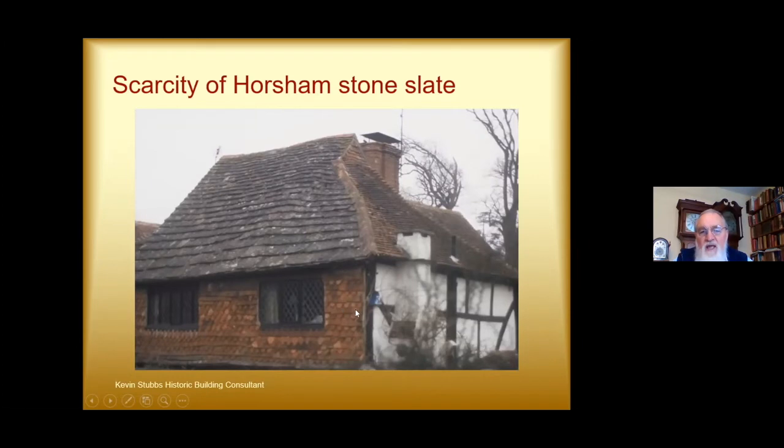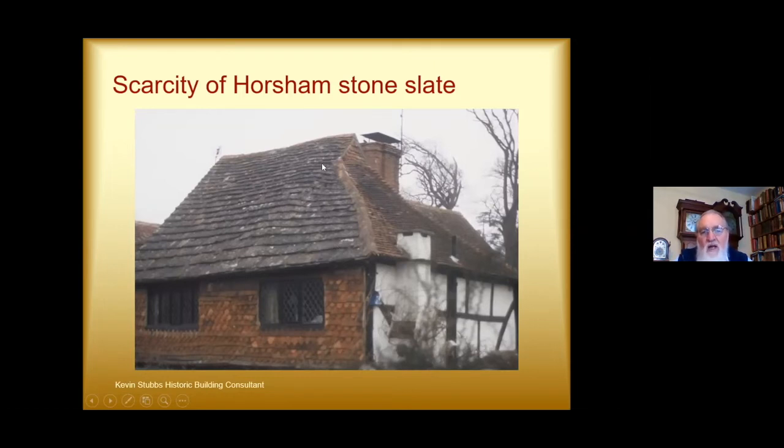Well, the problem today is that there are very few sources of new stone slates, particularly a problem in the Horsham area with the Horsham slate. Unless you can find a farmer who is willing to dig a hole in the corner of a field and pull out a bit of the stone, and again it tends to be of indifferent quality at times.